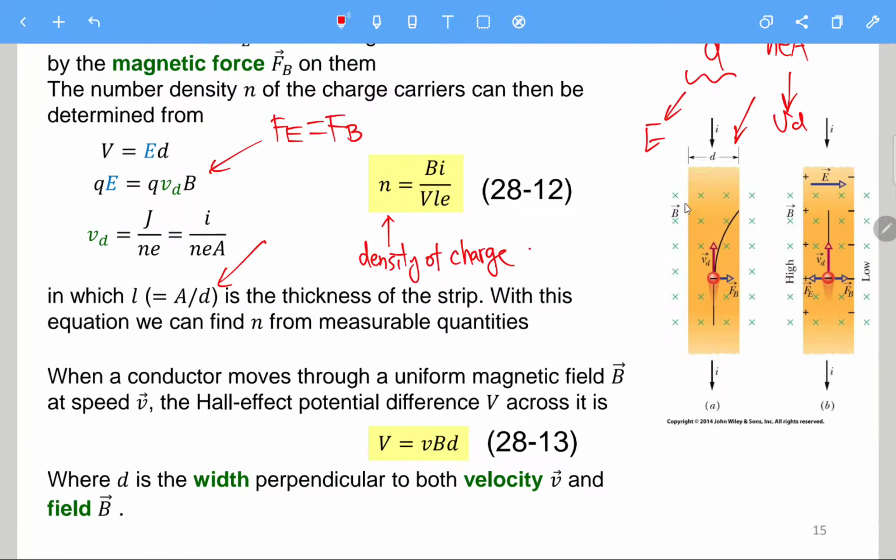V we can also measure with a multimeter. L, of course, can be measured by a ruler. E is a fixed constant, which is 1.6 times 10 to the minus 19 coulomb. So actually, we can calculate the charge density from the Hall effect experiment.